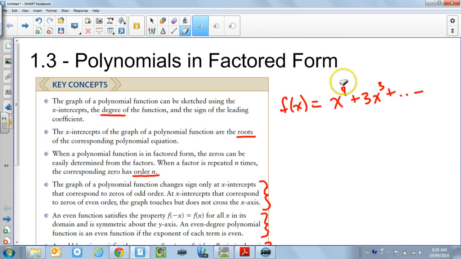The degree of the function is always the highest power. So whatever else I have here, my degree is always established by my highest exponent. In this case, this would be a quartic or a fourth power function. Obviously, if 3 is the highest number, that's cubic, and so on.